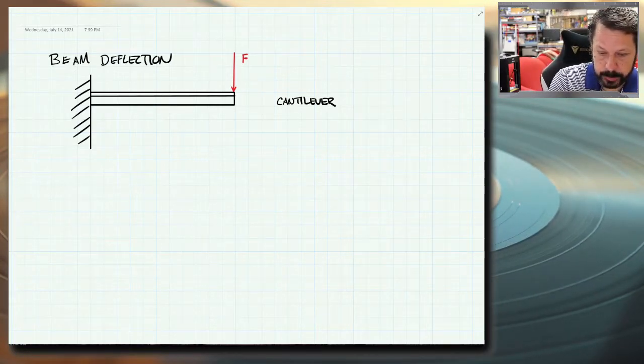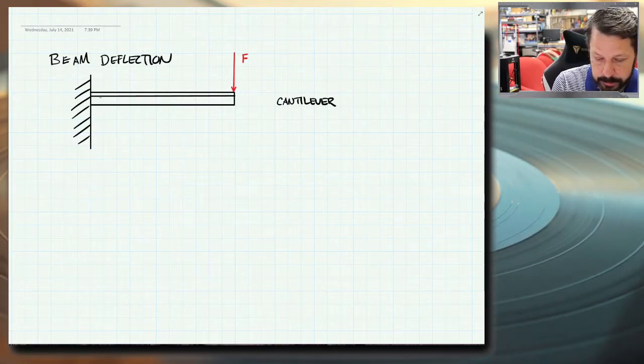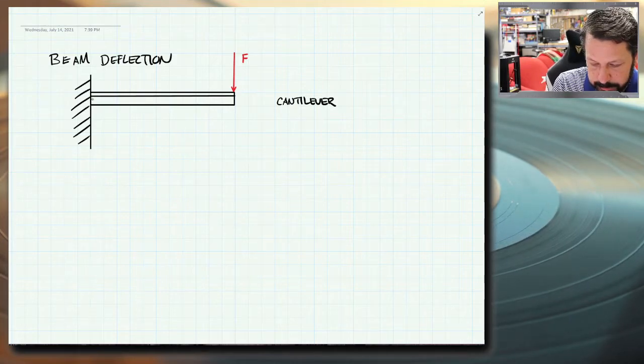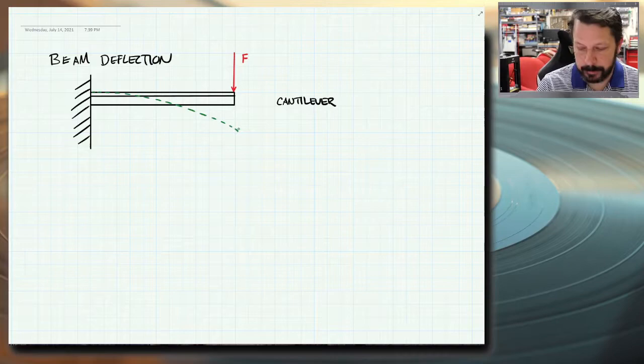And with this point load, it'll probably do something like, let's just take a midline. No, let's do the top. Now I'm going to exaggerate it. Something like that.